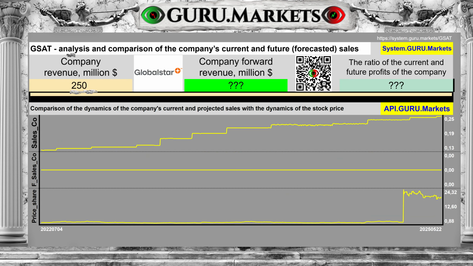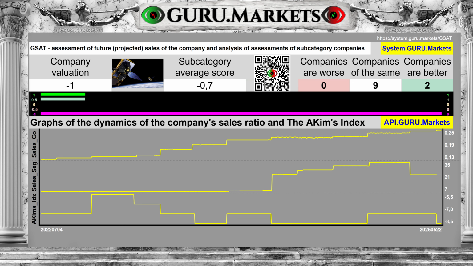Revenue for the last 12 months was $250 million. Forward revenue for the next 12 months is unknown. This is bad for the company's prospects. Assessment of the expected future sales volume indicator in comparison with the indicators of companies in the subcategory, bad, -1 point.